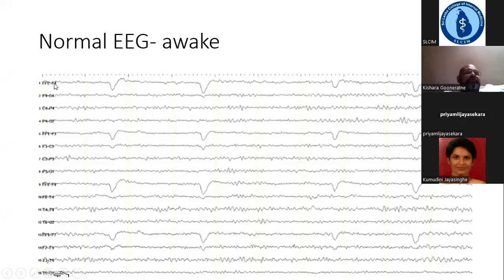So FP means frontopolar, F means frontal, C means central, P means parietal, and O means occipital. And the even numbers are signals coming from the right hemisphere.